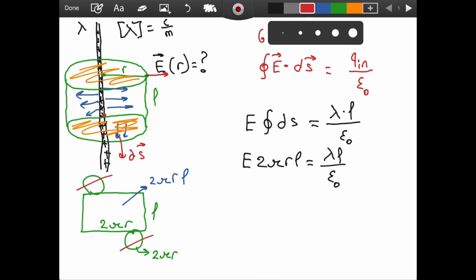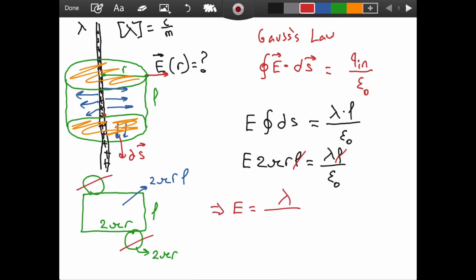We see that the L's cancel, and this is great because you could have chosen any L, right? We just made an arbitrary choice there. It shouldn't depend on L. It was a personal choice that we made, and it is great that it cancels. So this leaves us with E equal to lambda divided by 2 pi epsilon naught r.